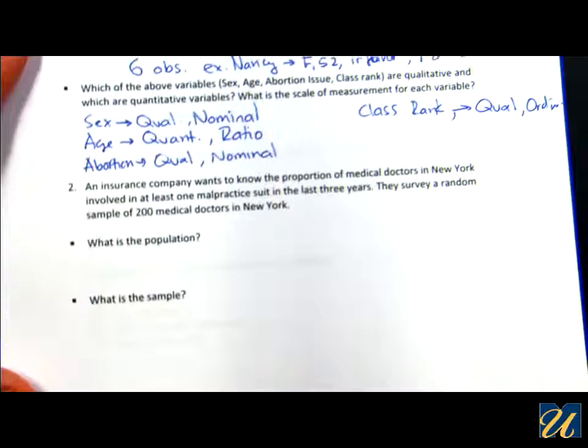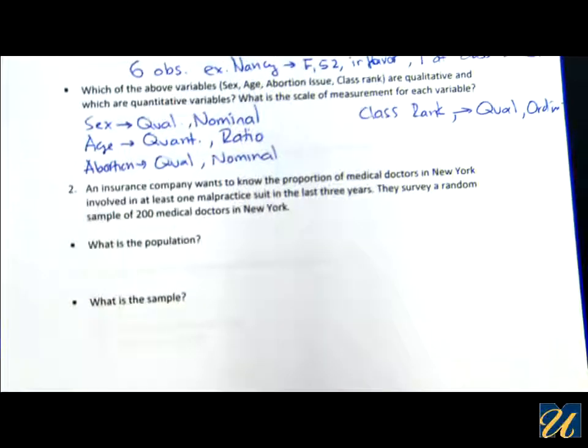An insurance company wants to know the proportion of medical doctors in New York involved in at least one malpractice suit in the last 3 years. They survey a random sample of 200 medical doctors in New York. What is the population? What is the sample?